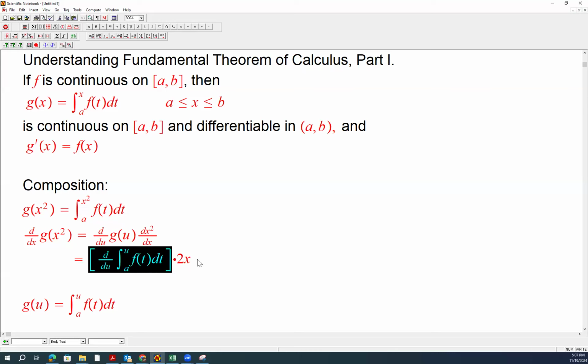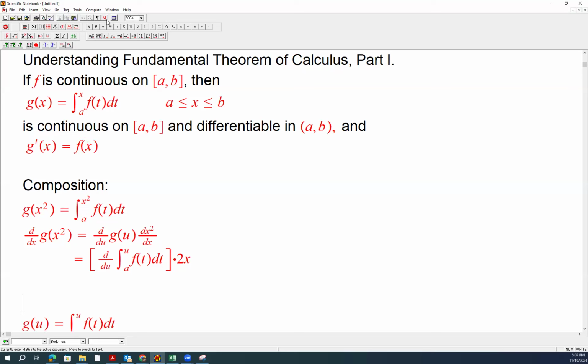But how about this part? According to the Fundamental Theorem of Calculus part 1, the derivative of g of x equals f of x. Now, what if this is u?